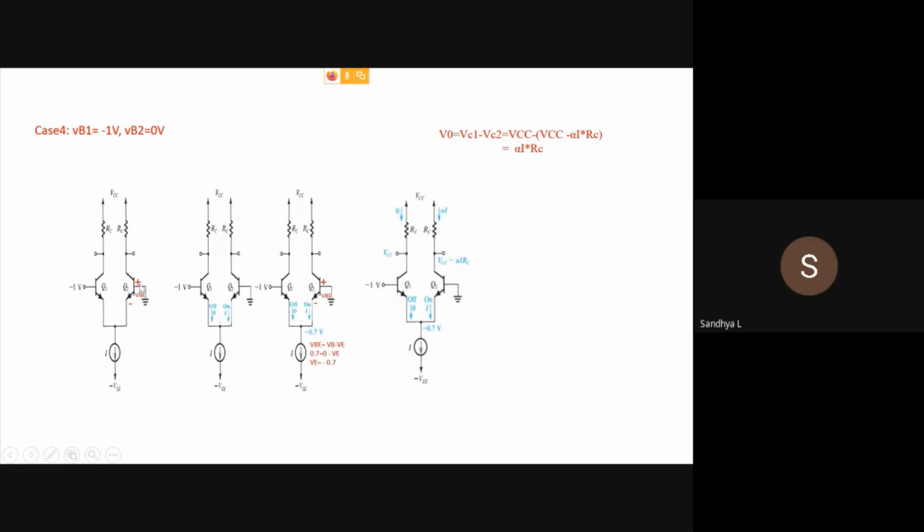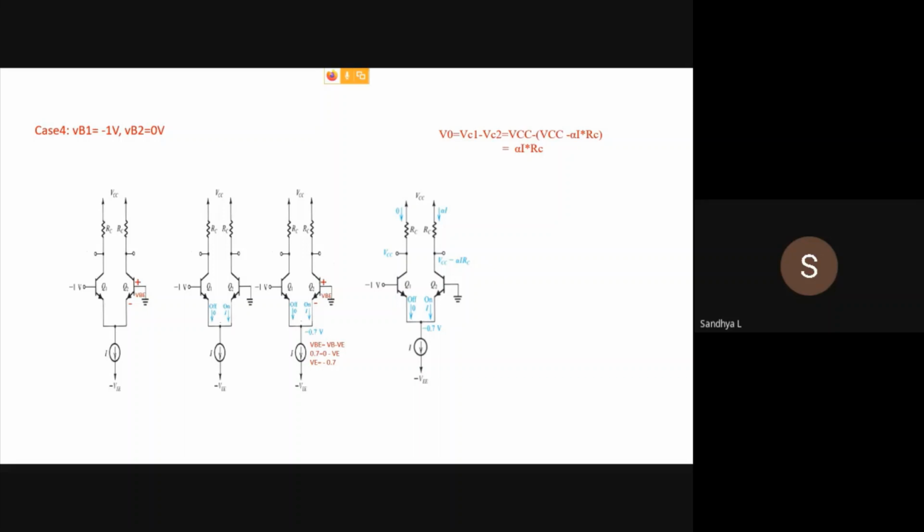We know that Q2 is on because its base is plus 1 volt more than the base voltage of VB1. So we find the emitter voltage, thereby we find the base emitter voltage of Q1. So thereby we prove that Q1 is off because the base emitter voltage is minus 0.3. Then the rest is like in the previous cases.